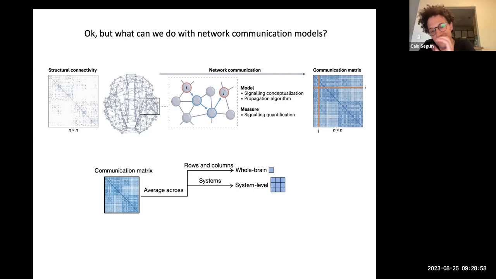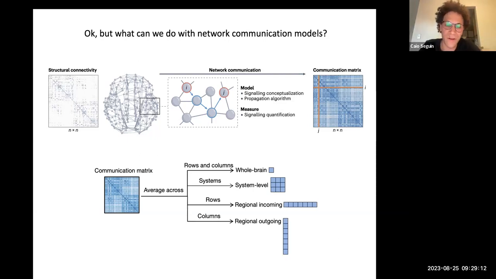You could average it to look at a particular system of interest, let's say the default mode network. You could average it across rows, so you have how easy it is to communicate to that region. Or you could average it across columns, so how easy regions can communicate outwards.